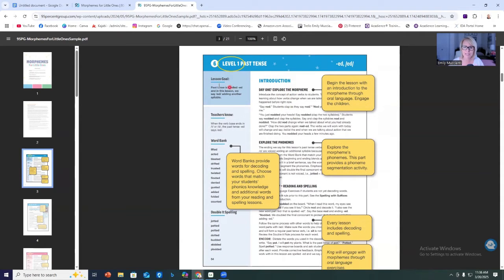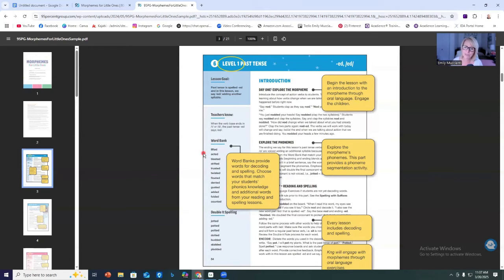There is an explanation about what this particular morpheme is that they want to explore. There is what the teachers need to know, the word banks, some additional words. Now the word banks and the doubling it here, these are words that you can then use in your explanations and displaying for your kids.